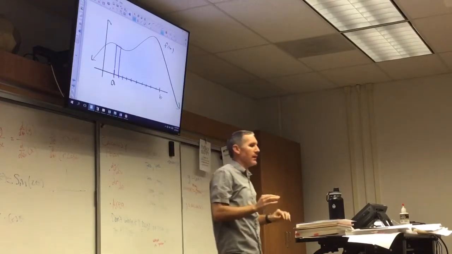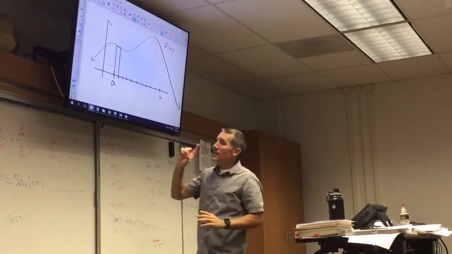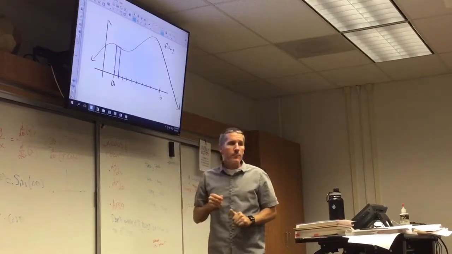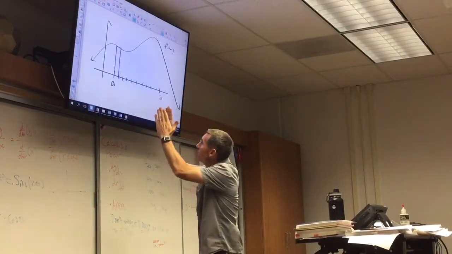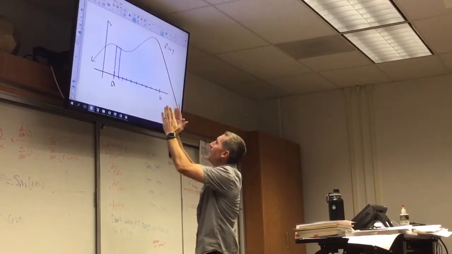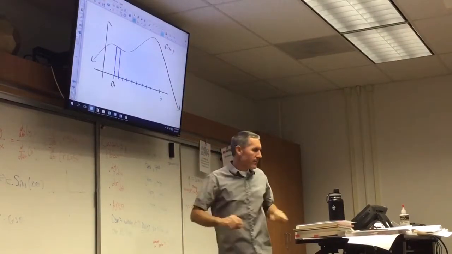the exact area. Here, because we're dealing with the integral with respect to x, x increases, so we're moving from left to right and adding them all up that way, right?